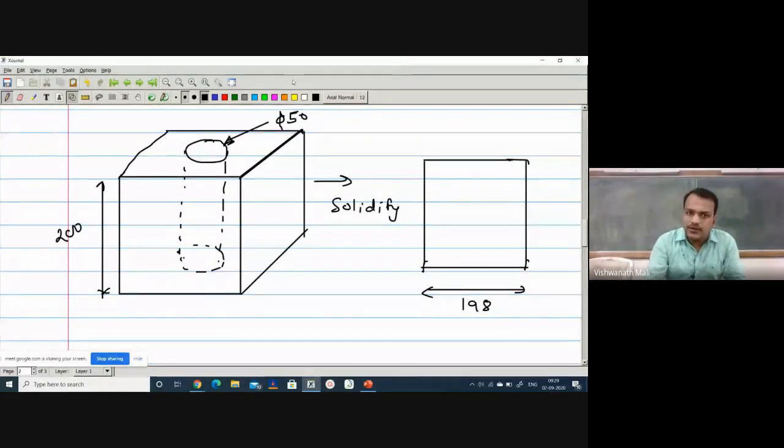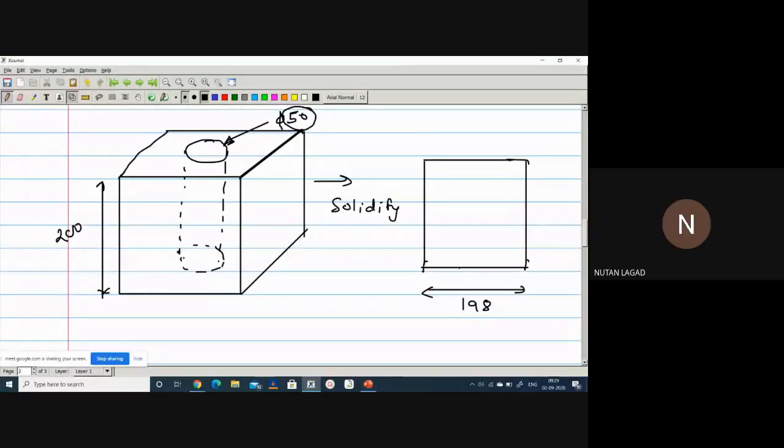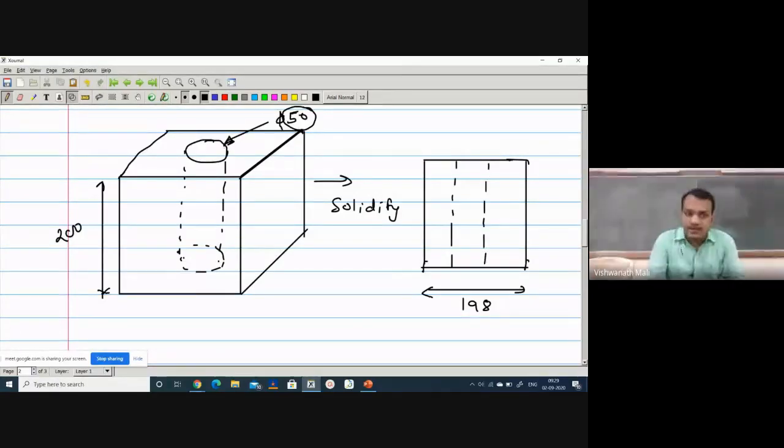And what will happen to this hole? The 50 mm dimension, will it also decrease? It will increase. If suppose your diameter is 50 mm, then its diameter will increase when it shrinks, because it's an internal dimension.